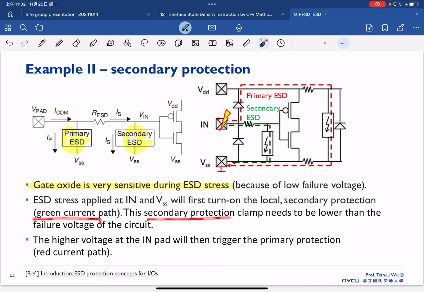This secondary protection current needs to be lower than the failure voltage of the gate. The higher voltage at the input pad will then trigger the primary protection. The idea is very similar: we try to place as many protections as we can and make sure our ESD strike won't damage our gate oxide.